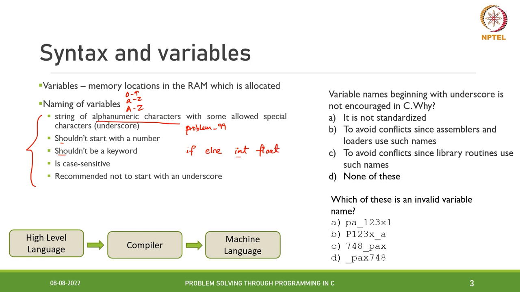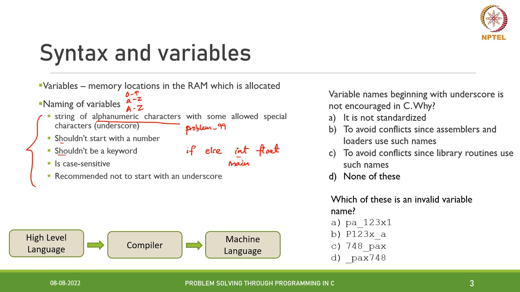The integer type value and the floating point type value. All of this, even main, are reserved words. That means they are keywords. They have a special meaning to the compiler. You cannot use them as variable names. So that is what it means when I say it shouldn't be a keyword.